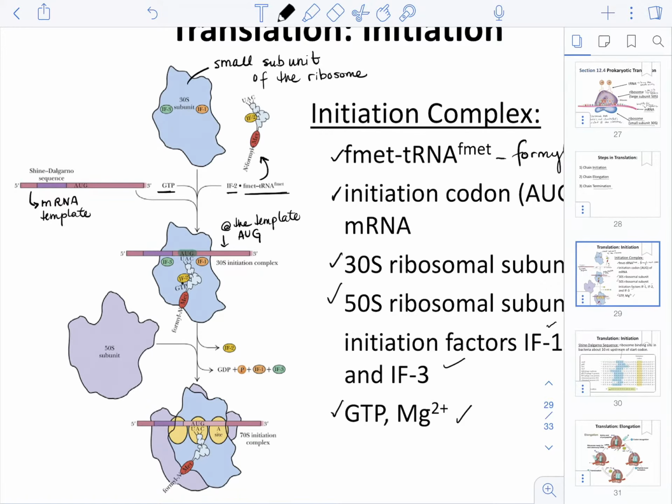As you can see, the anticodon in the formyl methionine is going to be UAC. And as I mentioned before, this is where we have the first amino acid in the protein synthesis.